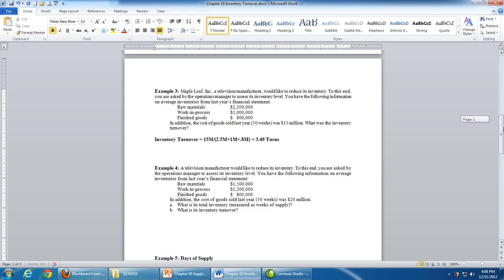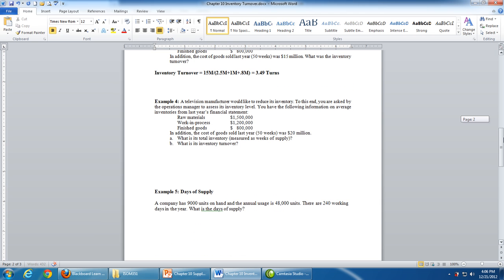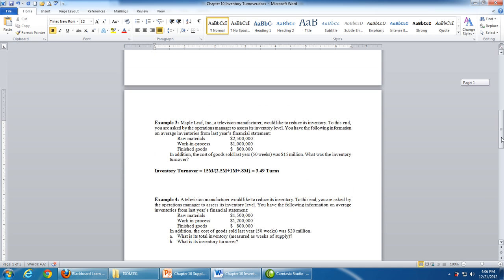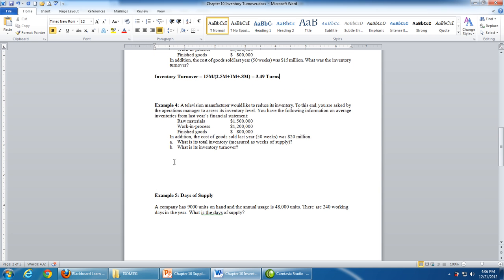Okay, next, number 4, we are going to find inventory turnover and week of supply. Now let's review. Week of supply equals average inventory divided by weekly sale. So first, let's find the week of supply, or sometimes called WOS.